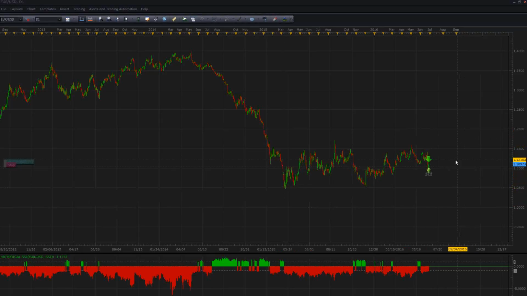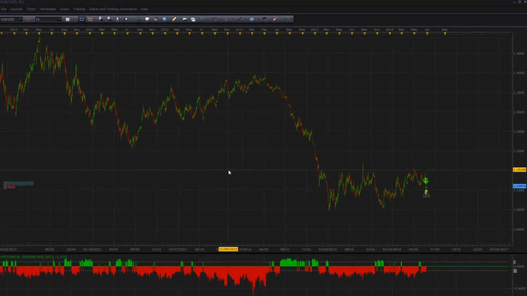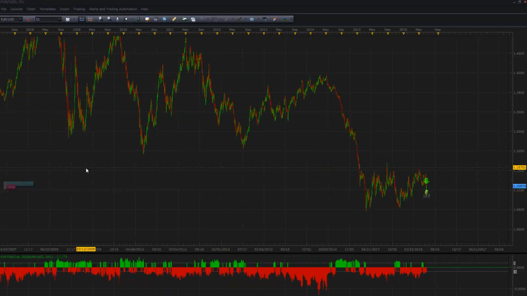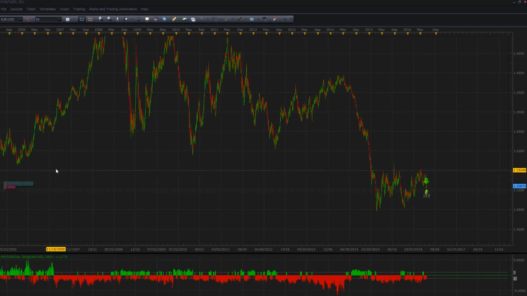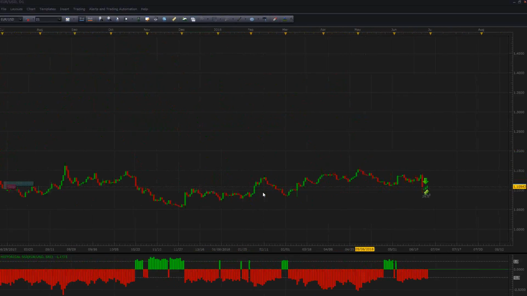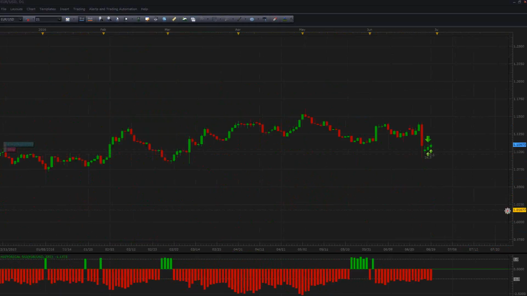So it's an interesting study in the psychology of the market of euro. People are so obsessed with being short the euro that they won't even give the other side a look, it seems.